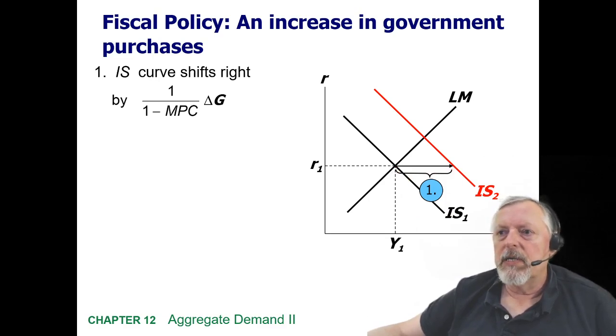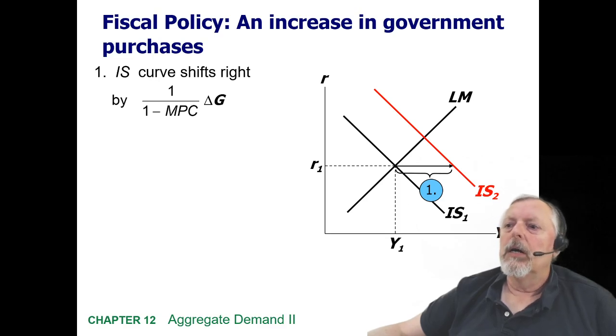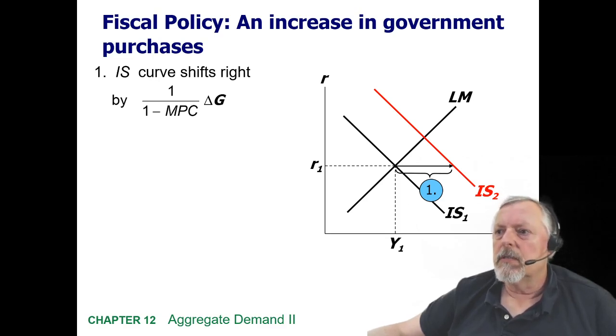But the increase in income also increases the demand for money, for liquidity. If there are more things to buy, you want to hold more cash to be able to buy them. And if people want to hold more of their wealth in cash, then investors are going to have to pay people more to persuade them to put their money into illiquid bonds. As the interest rate rises, investment falls.